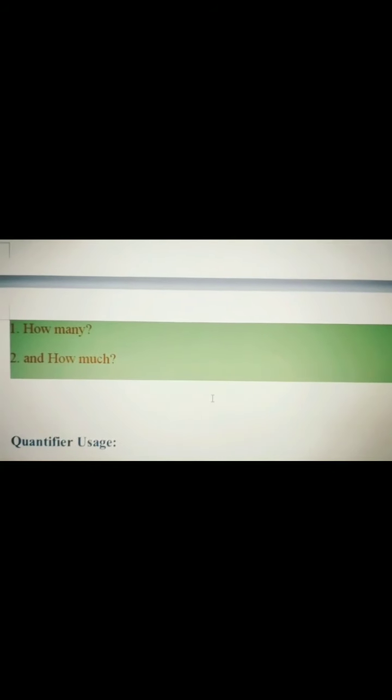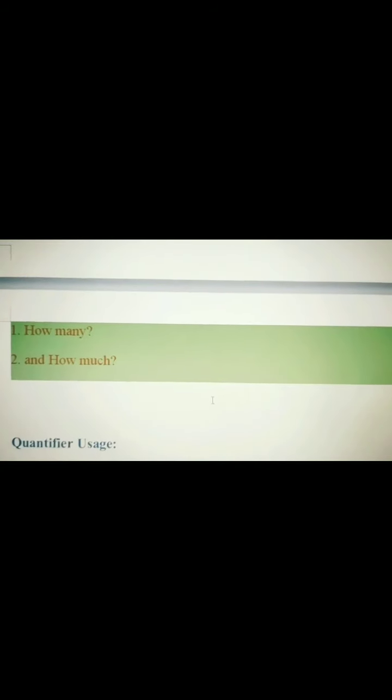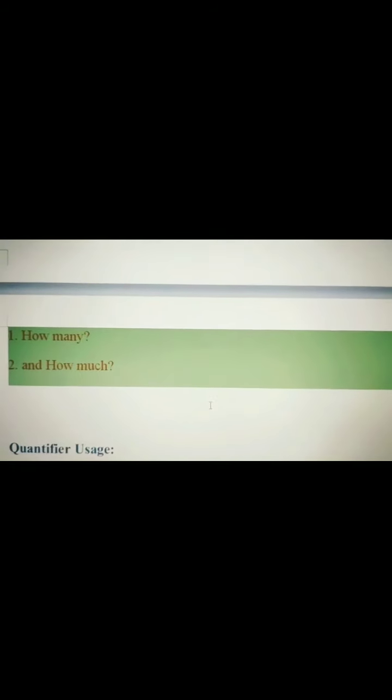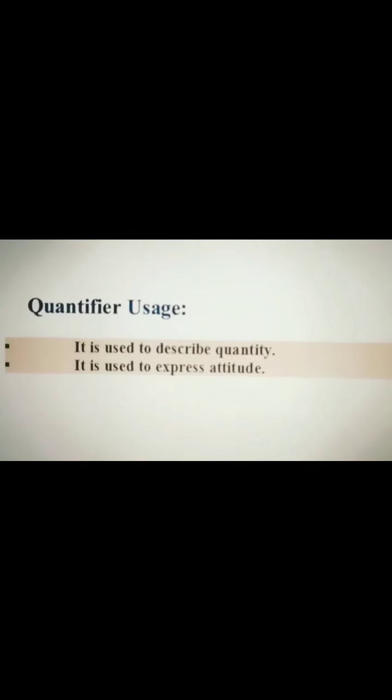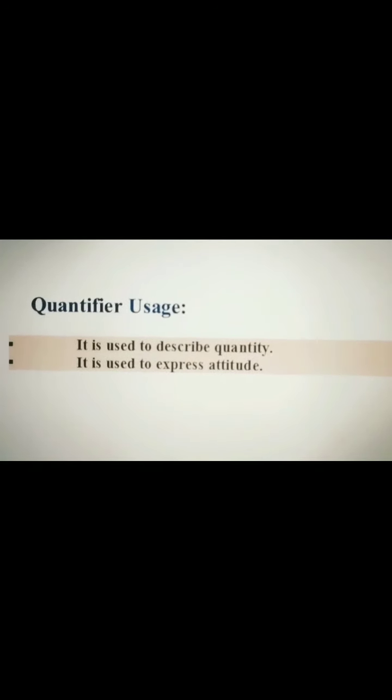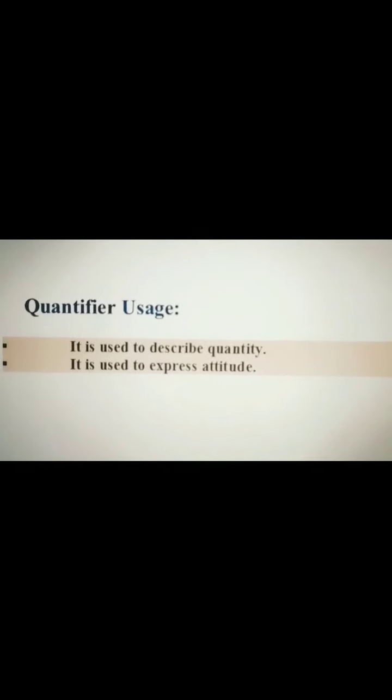So when we are getting the idea about the quantity, that will be taken as quantifiers. Now we'll see the usage of quantifiers. Note down side by side that quantifier usage, if we talk about, is used to describe the quantity, and secondly it is used to express the attitude.